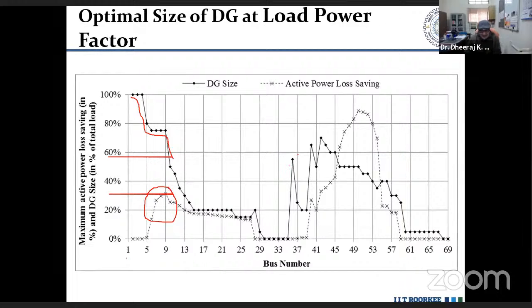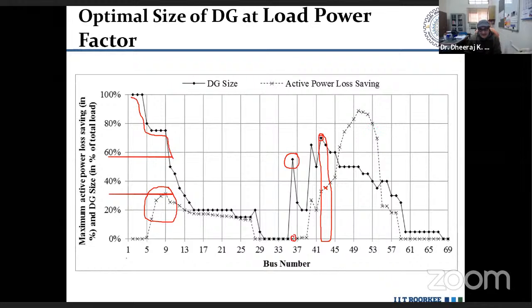Suppose we are placing a DG of this size at bus number 36, this bus. Here the loss saving is 0. Let us consider one more value, suppose this case, bus number 43. This much maximum loss saving we can achieve by placing a DG of this size.